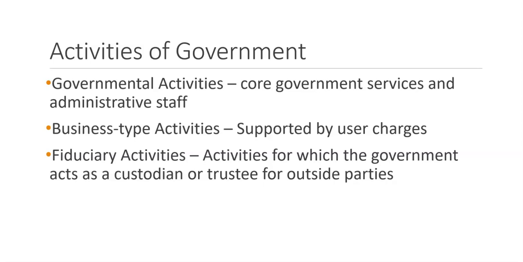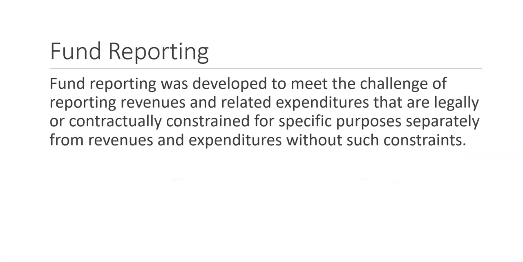These are public utilities, any public recreation areas in which there's a type of user fee, and then fiduciary activities in which the government is acting as a custodian or trustee of a monetary fund.